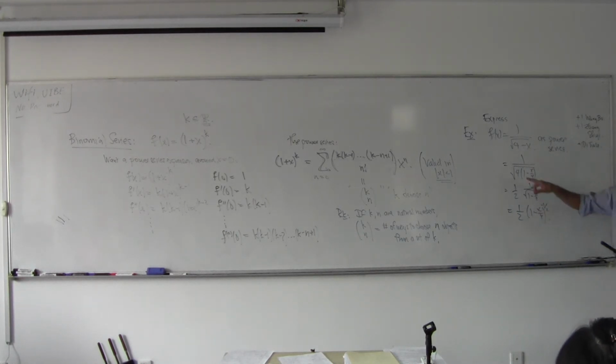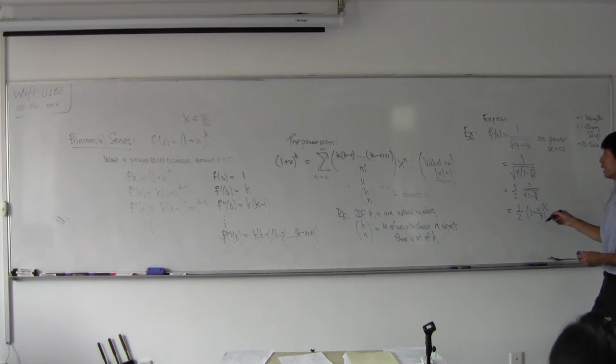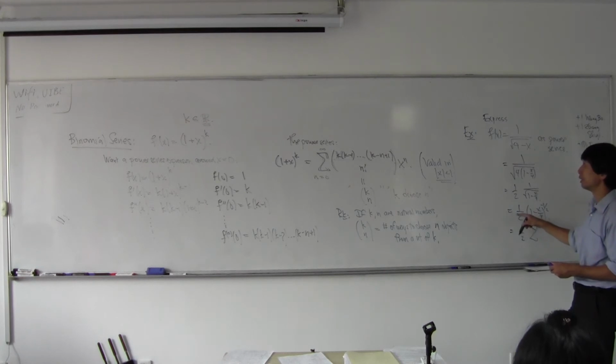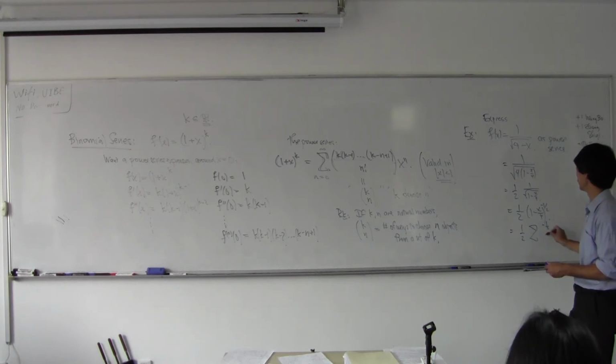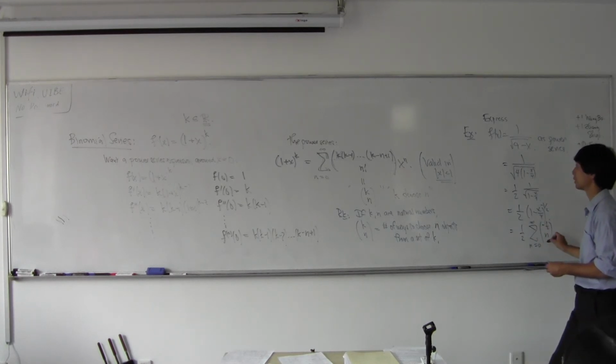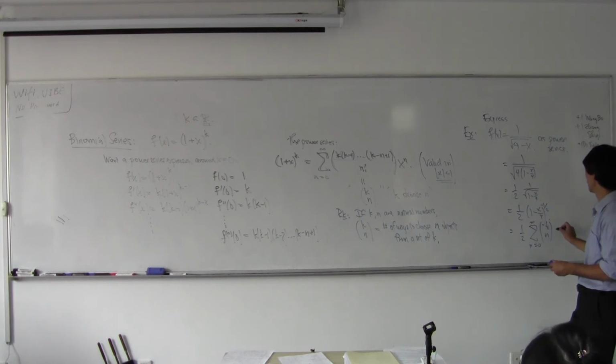Right? And we have an expansion for that, right? That is 1/2 times the summation of negative 1/2 choose n, from n equals 0 to infinity, times (x over 4) to the n.